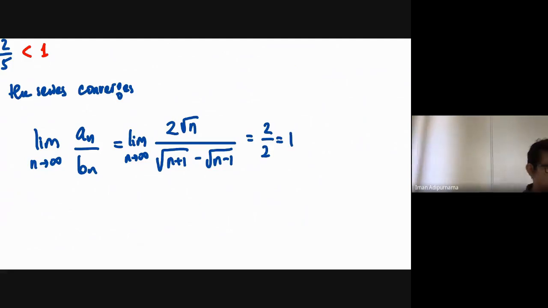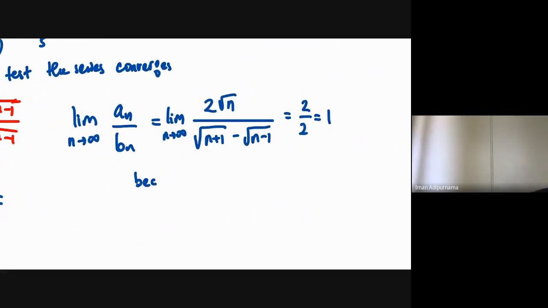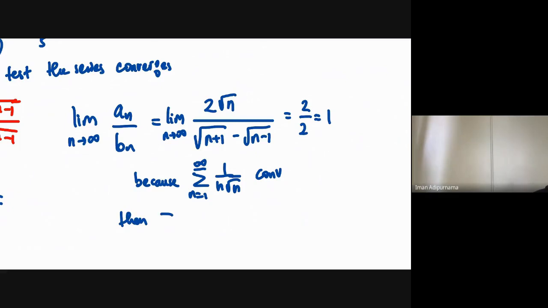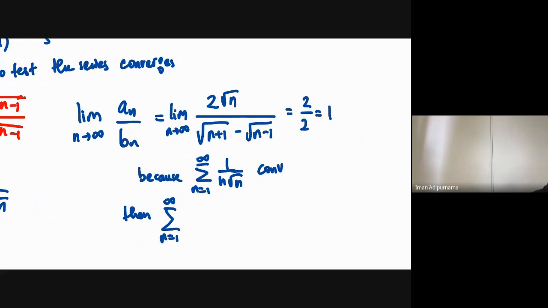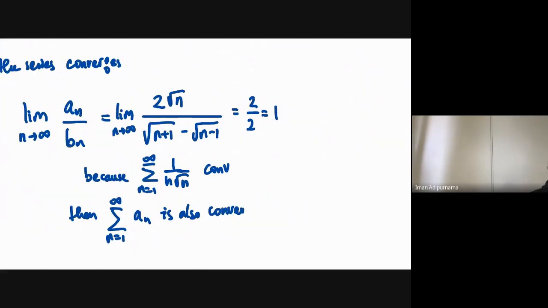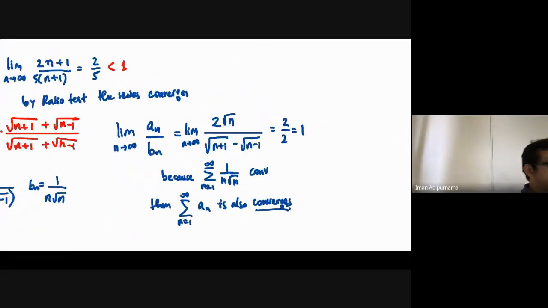And then because the series of bn converges, then the series of the question, let's say the an, also converges. Okay.